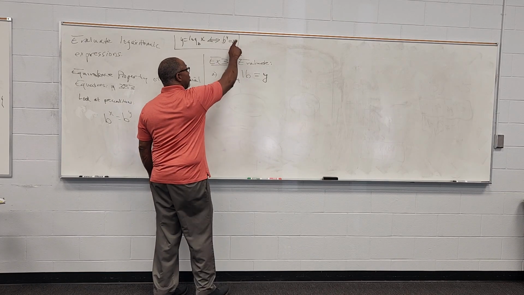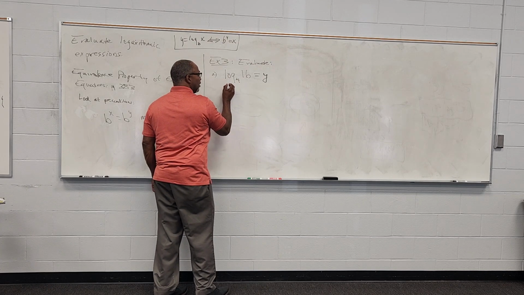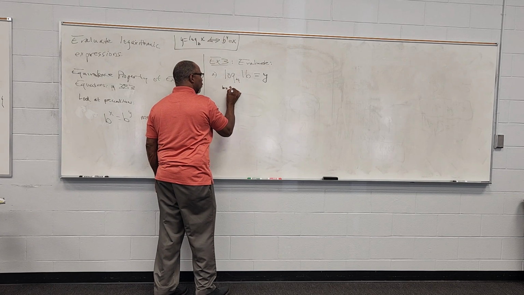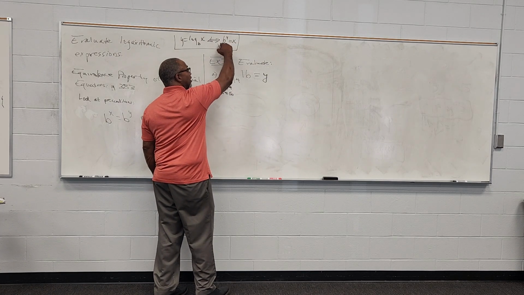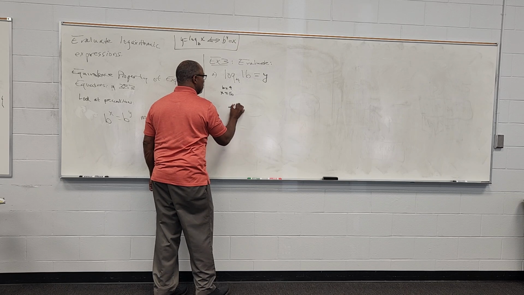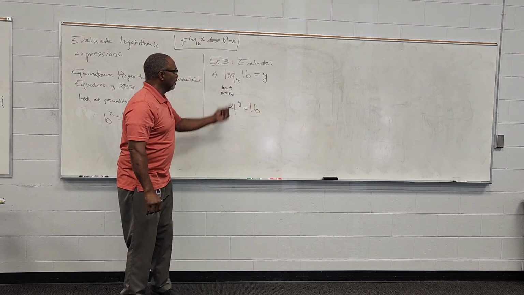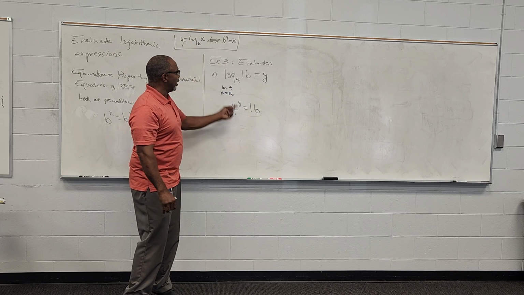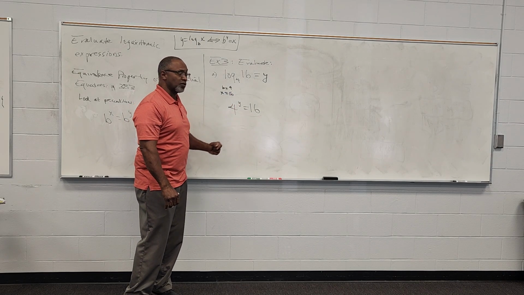And because I know I can use this equivalency, y equals log to the base b of x. So the base is 4, x is 16. So now I can turn that into this thing: b to the y is x. If I have this statement in log form, I can rewrite it in exponential form as b to the y equals x.